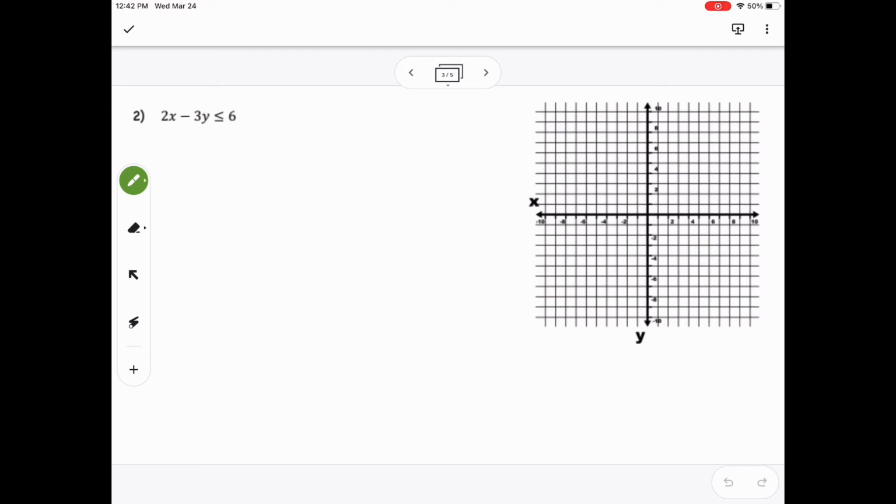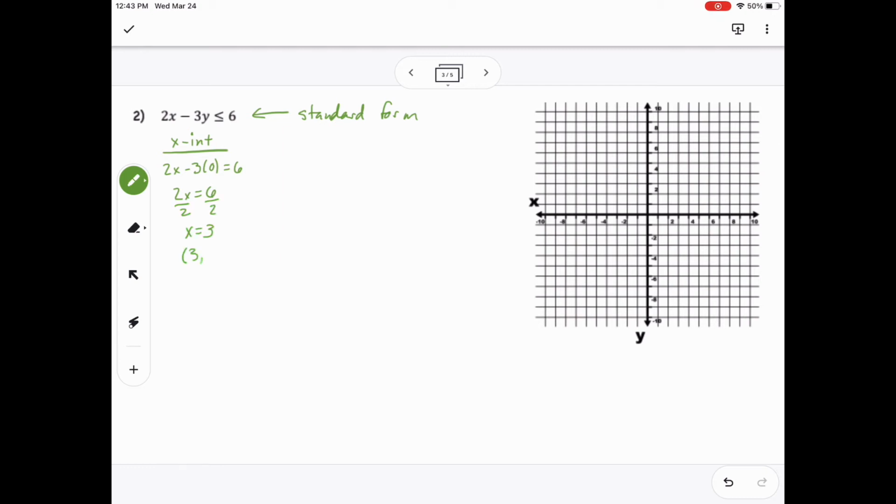Number 2 is in standard form. So here, remember, for standard form, we are looking for our x and y intercepts. To do that, we need to plug in 0 for y to find our x-intercept. Now here I'll be using equals instead of the inequality. That will just make it easier to understand when we find our ordered pair.